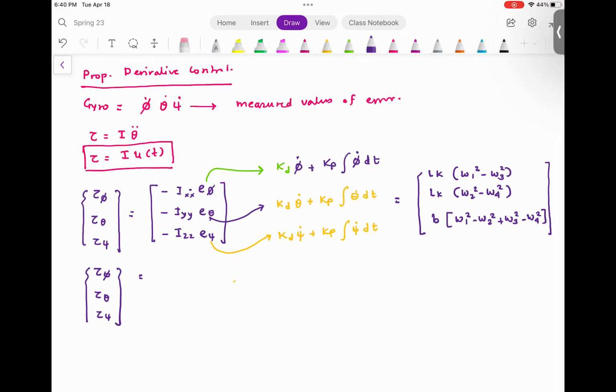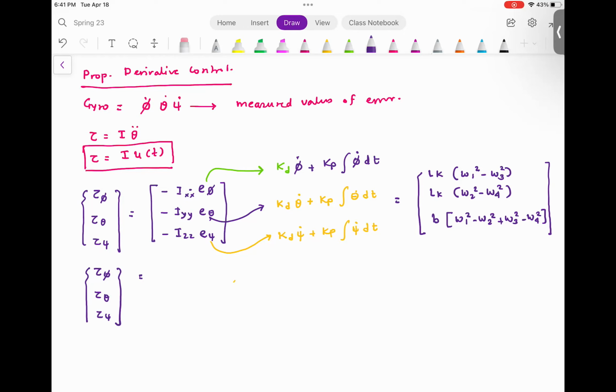So all said and done, I should be changing omega 1, omega 2, omega 3, omega 4 in such a way that I apply the appropriate torques, and these torques provide the stabilization in the roll direction, pitch direction, and yaw direction. Everyone understood this?